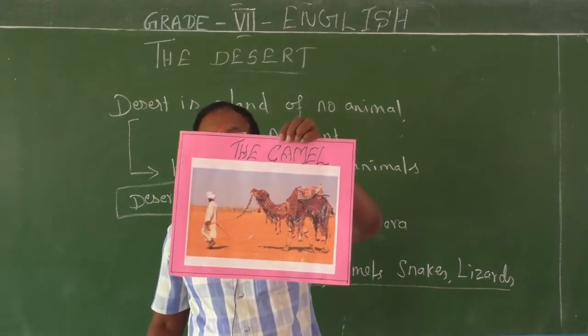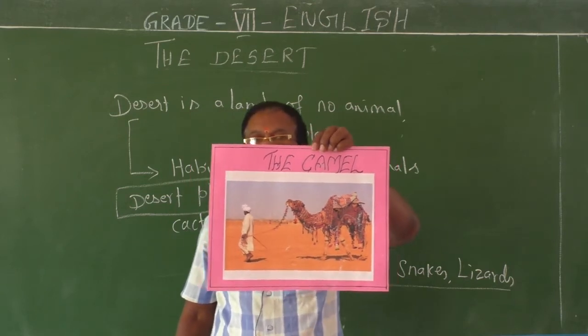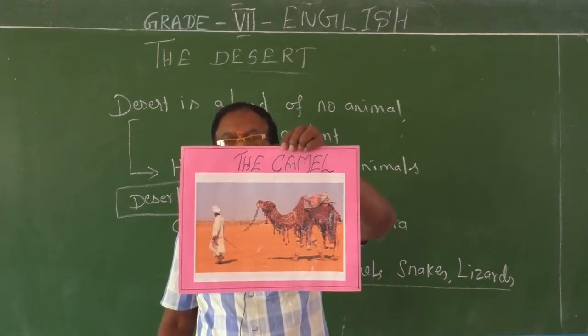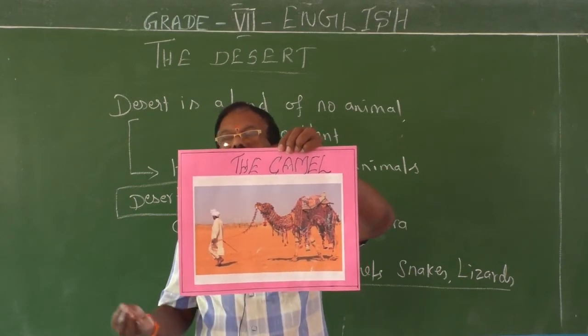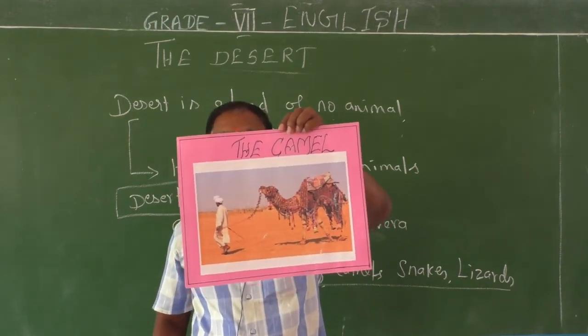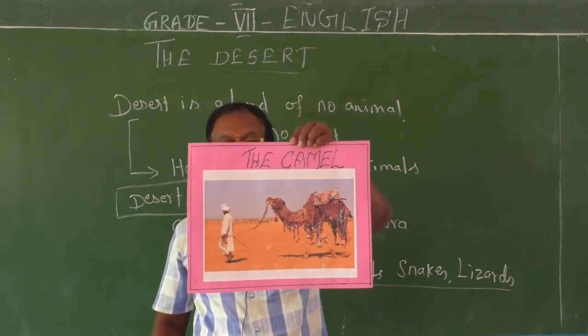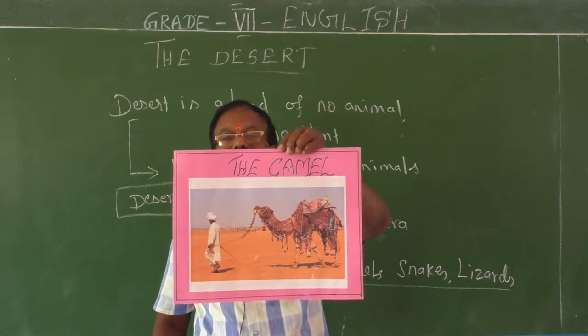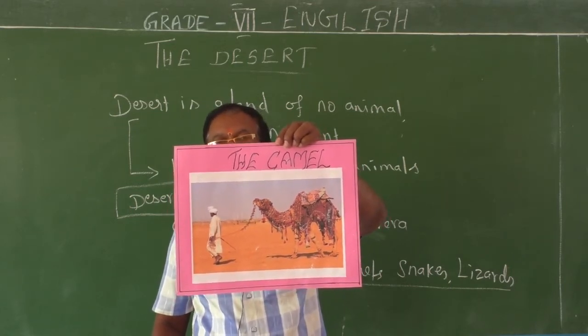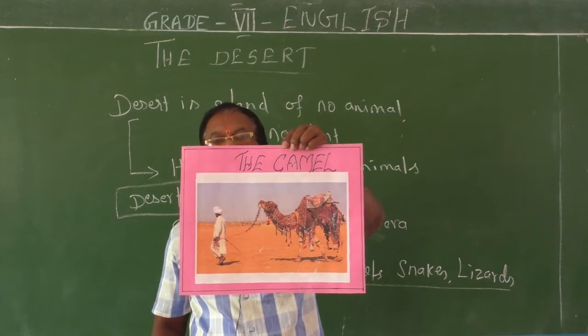They sit on the camel's back. They can load the camels with heavy luggage. It can easily carry all this luggage and easily cross the desert. So with the help of the camels, people used to cross the deserts. Therefore, camels are called ships of the desert.